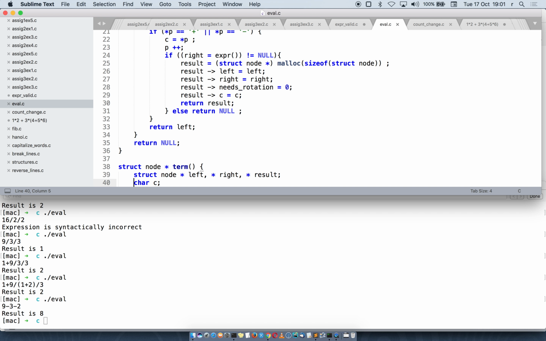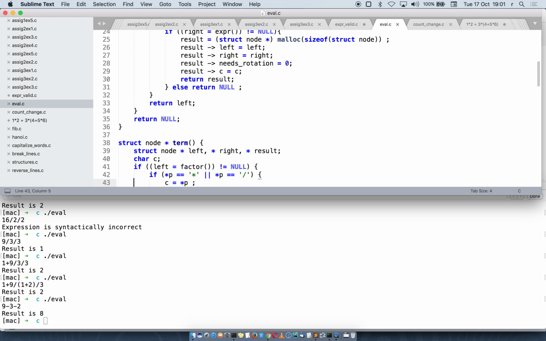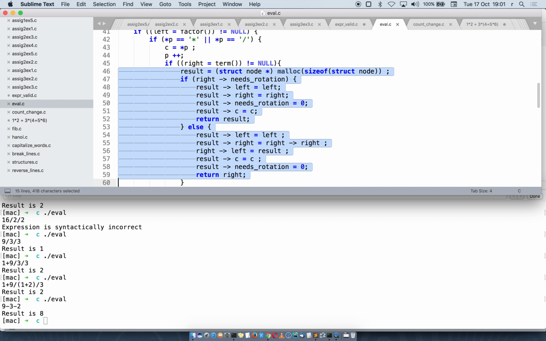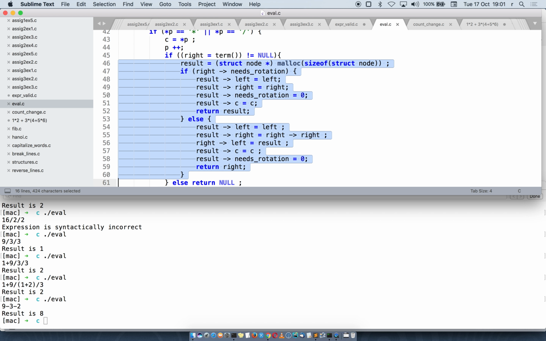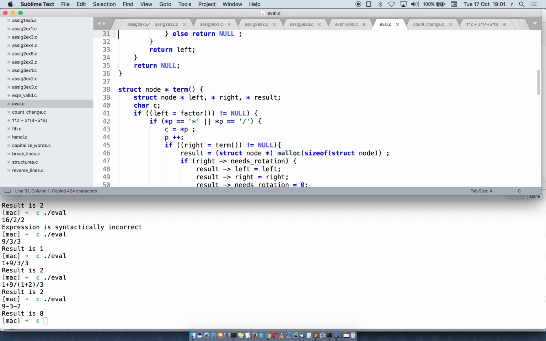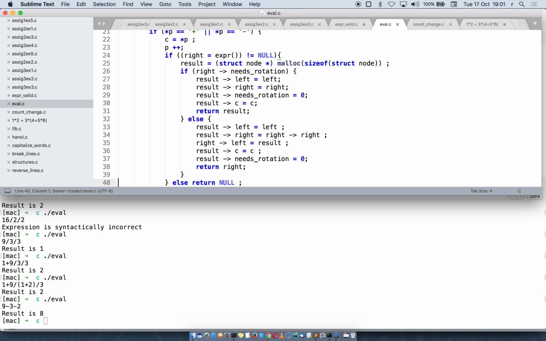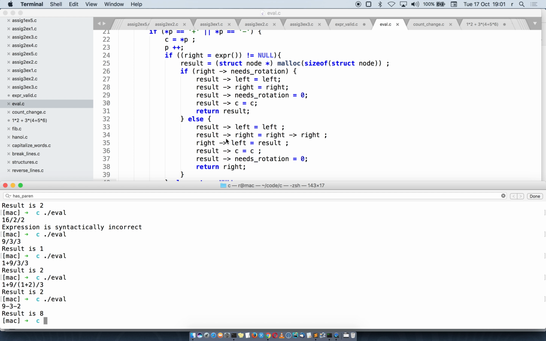And because it's exactly the same piece of code, we're going to copy this in here. Okay. And this should now work.